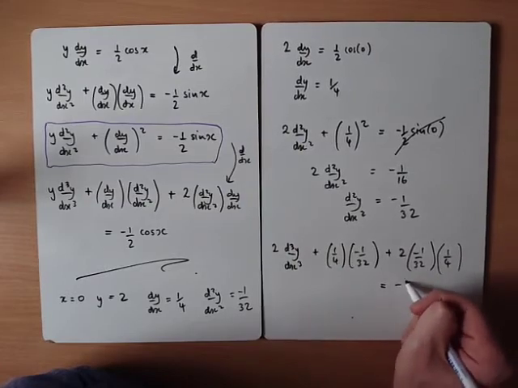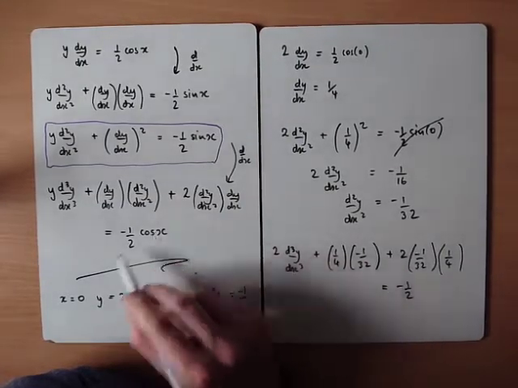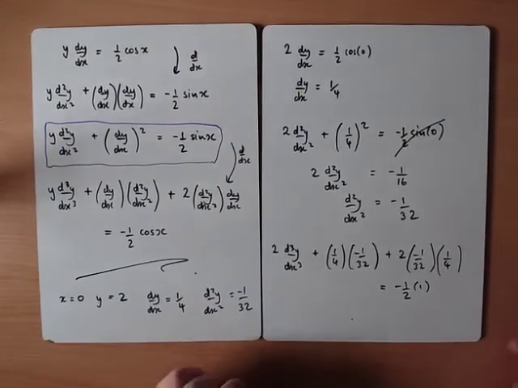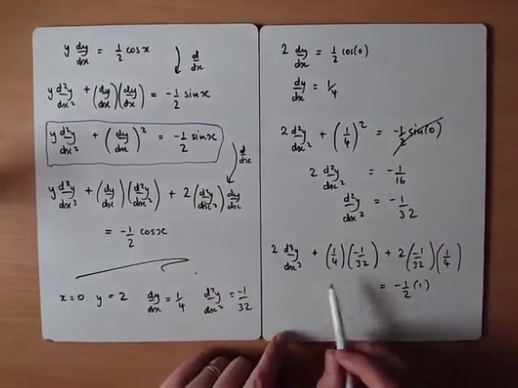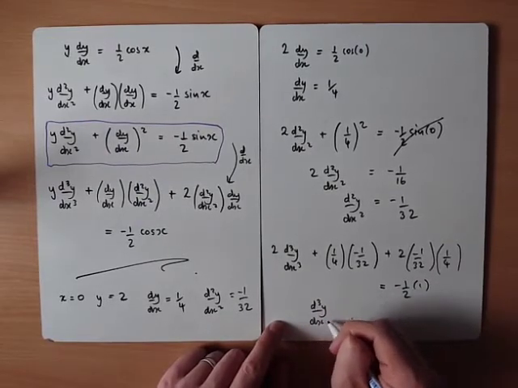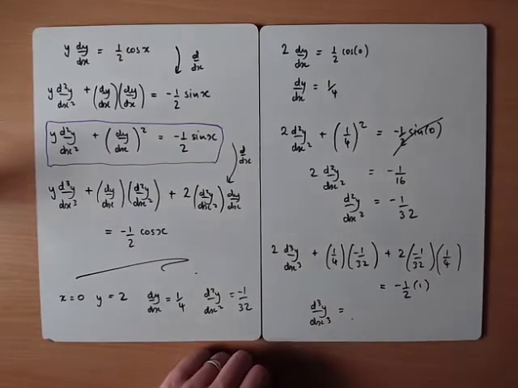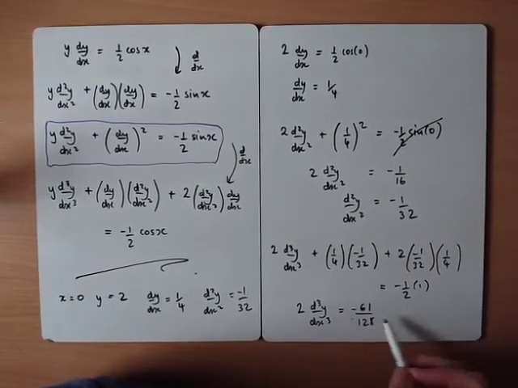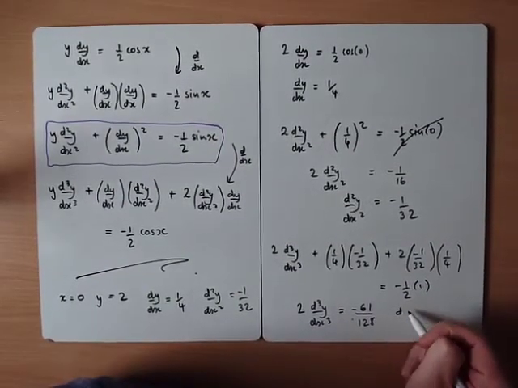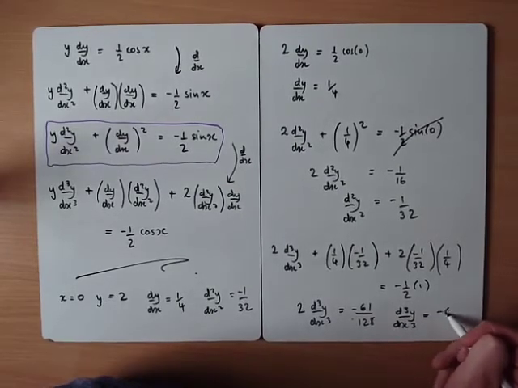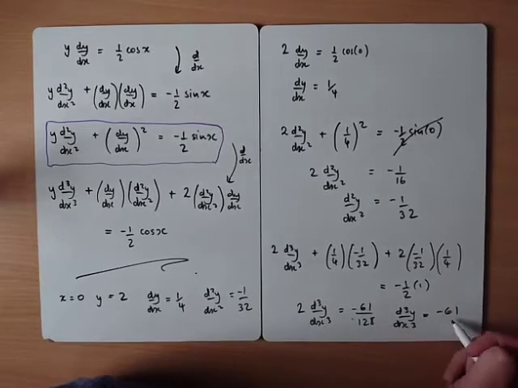And that would equal minus a half times by cos of 0, which is 1. Stay with me, we're nearly there, so we can figure out what d3y by dx cubed is. By rearranging, I get d3y by dx cubed will be minus 61 divided by 256.